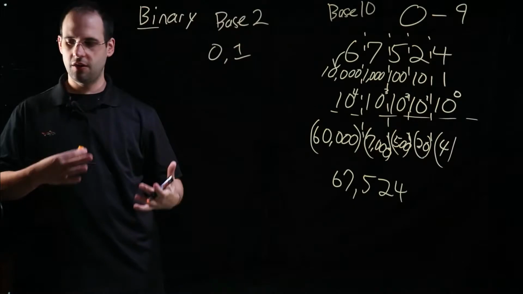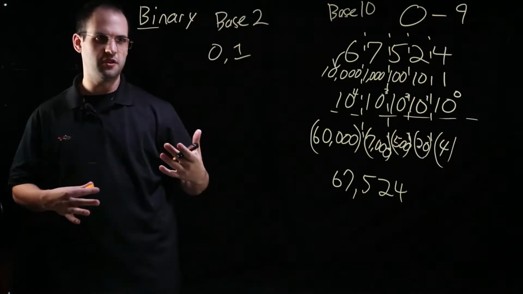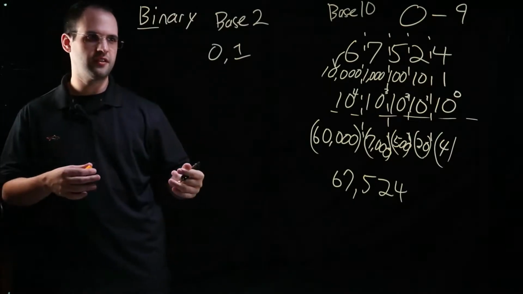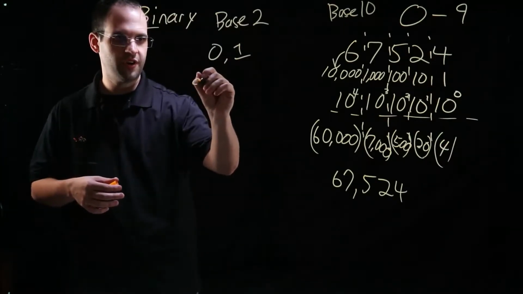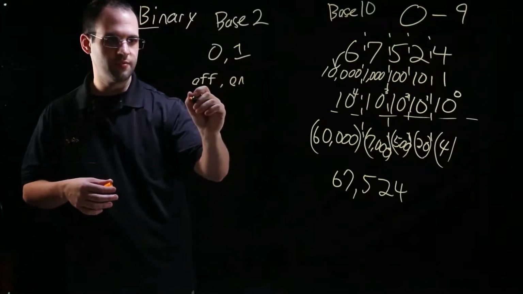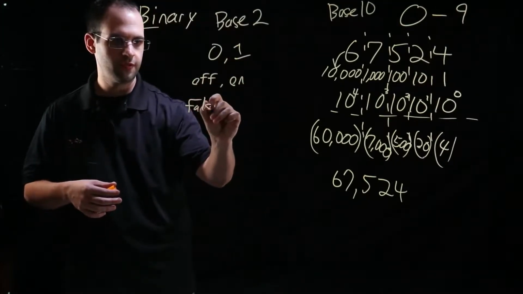Now, we could get into the digital logic or the electronics behind this, and we might say that this is an off value and this is an on value. This might be considered false.